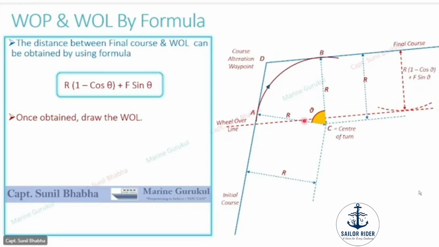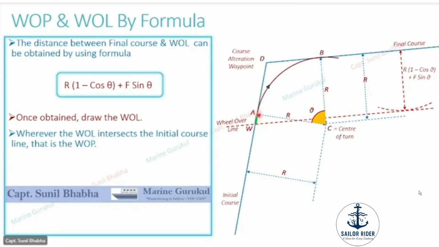Now when you plot the wheel over line, the point where it intersects the initial course is the wheel over point W. So you can see, without marking the curved path, without finding the center, independent of the center and the curved path, we can obtain this distance from the formula, plot the wheel over line, and also identify the wheel over point.